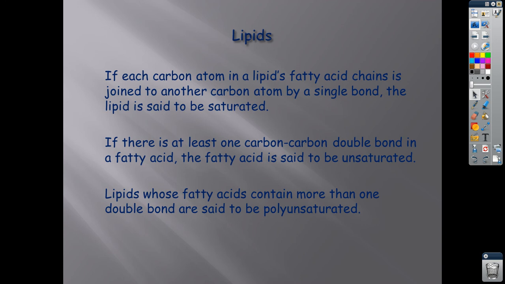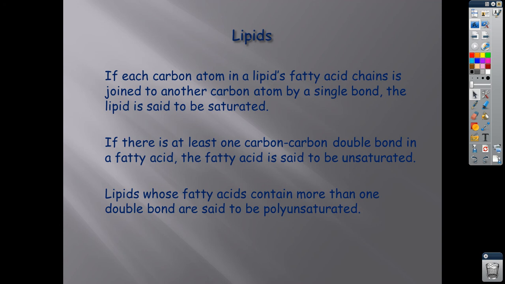But it's important to remember what we call saturated, unsaturated, and polyunsaturated, those 3 vocabulary words. Remember that if each carbon atom in the lipid's fatty acid chain is joined to another carbon atom by a single bond, then that lipid is going to be saturated.